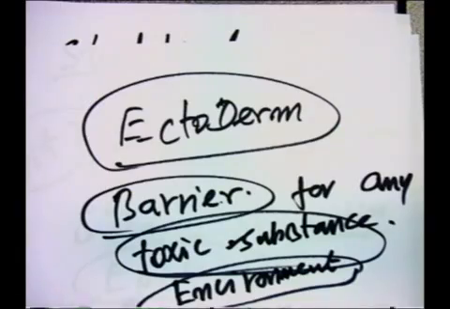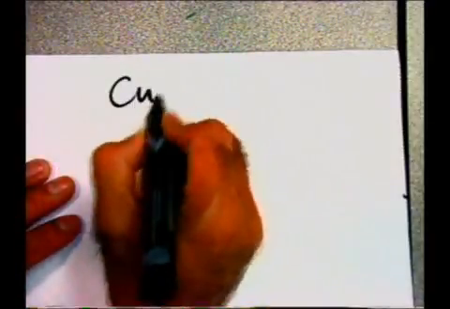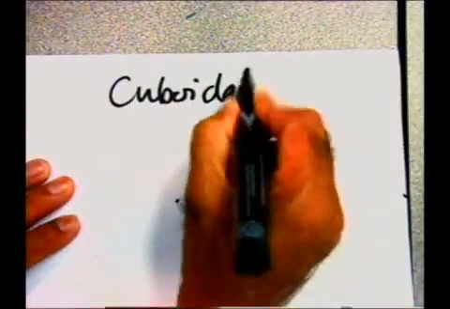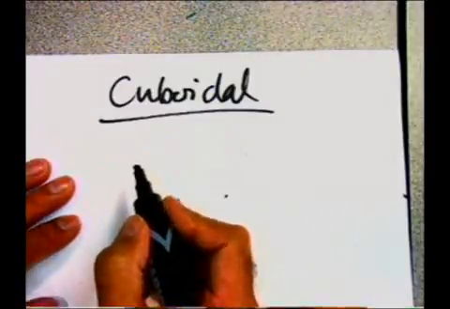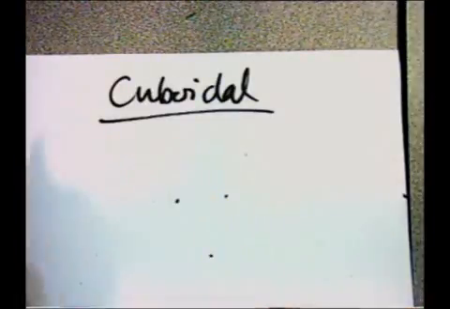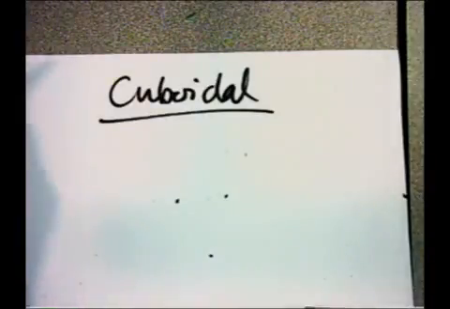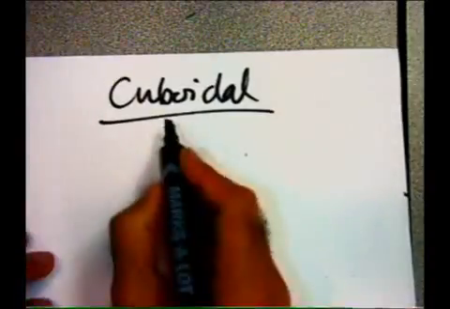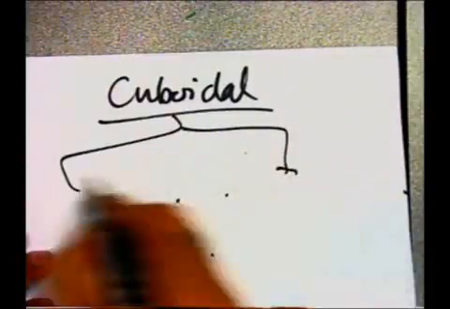Okay. Now the next type of epithelium we are going to discuss is cuboidal epithelium. We are going to discuss much on cuboidal. This cuboidal epithelium is classified into two parts.